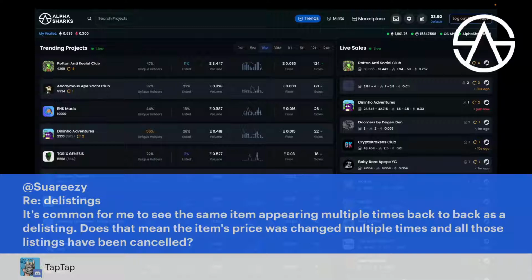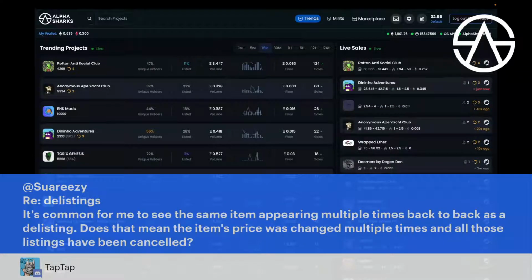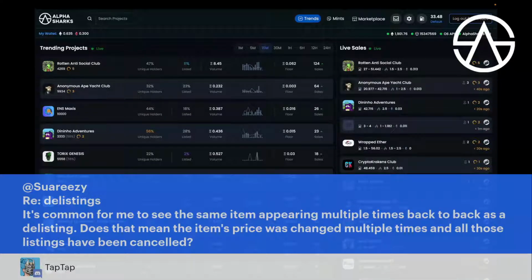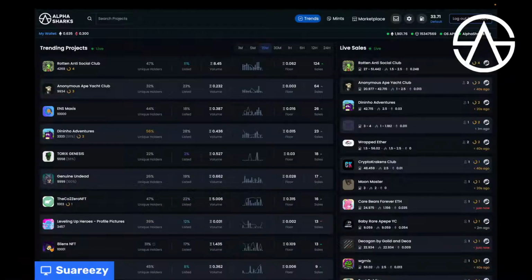Delistings. It's common for me to see the same item appearing multiple times back to back as delistings. Does that mean the item's price was changed multiple times for those listings to have been canceled? Yes. So anytime you see the same item pop up multiple times, it should be highlighted inside the trending tab here.